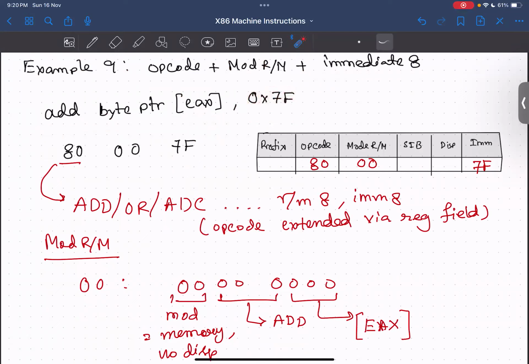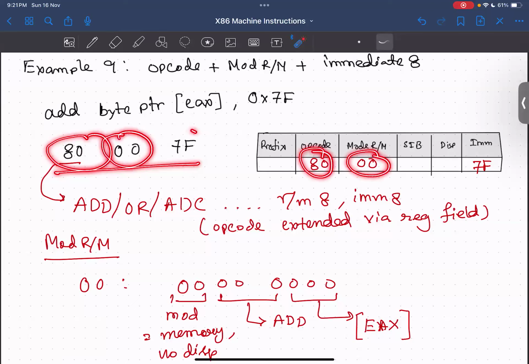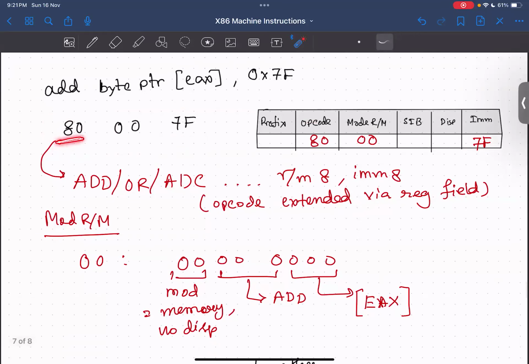The byte code looks like this, where 80 goes to opcode, 00 goes to ModRM, and 7 is your immediate value. Now this opcode says it can be an add or some other kind of instruction where your first operand is mentioned by your RM configuration, and then you have an immediate 8 number.